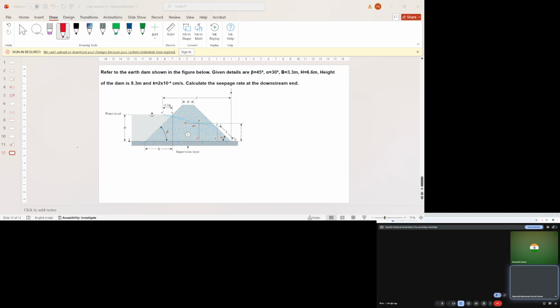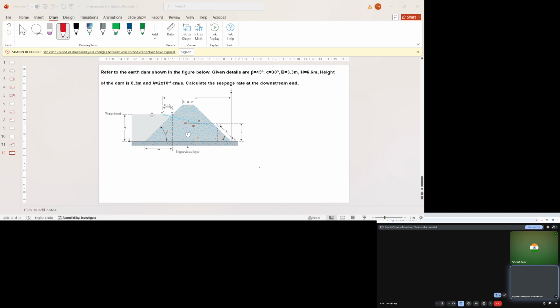Now what we need to calculate is delta. From this triangle, what we know, beta is given, H and delta: tan beta is equal to H by delta.